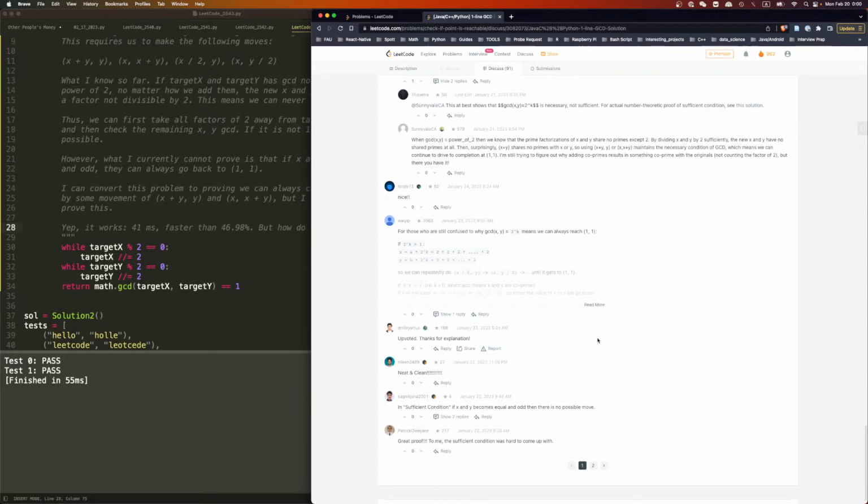If both are 3 and 3. Then the GCD is not 1. The GCD is the thing.